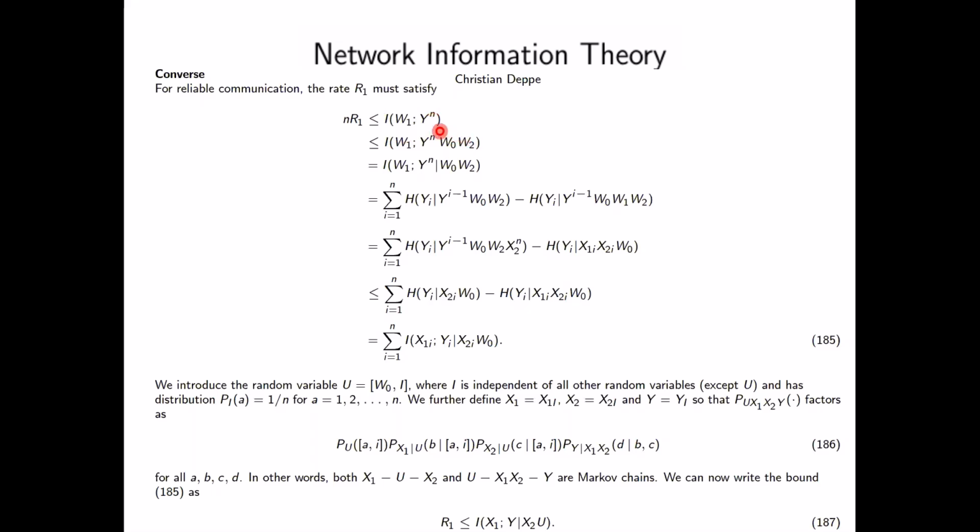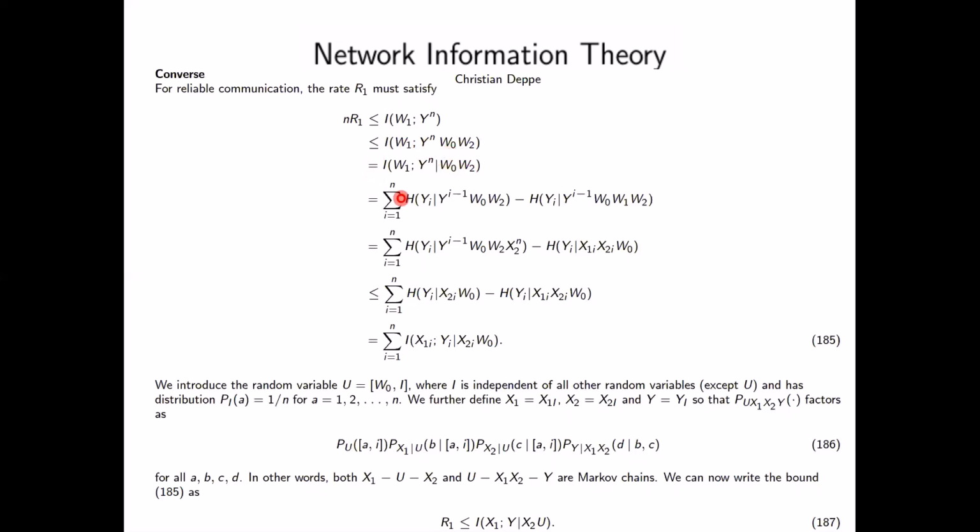Then we add here a condition. Instead of yn, we write here the joint distribution here that makes the mutual information bigger. Then we can condition this mutual information on W0 and W2, which doesn't change here anything, because W1 is independent of W0 and W2, and here you have this joint distribution of it, and therefore we can leave it out also here.